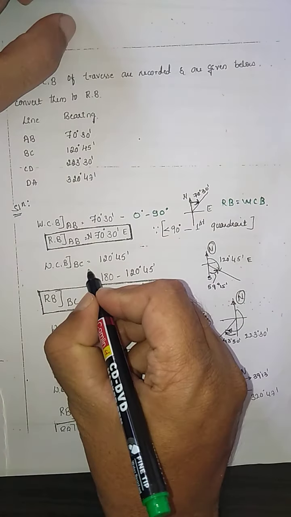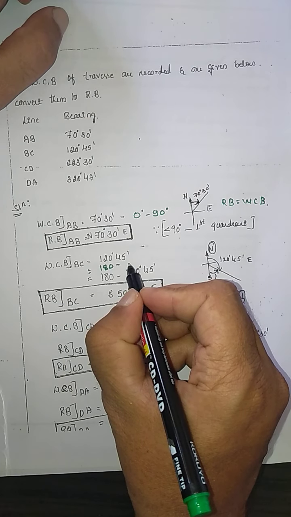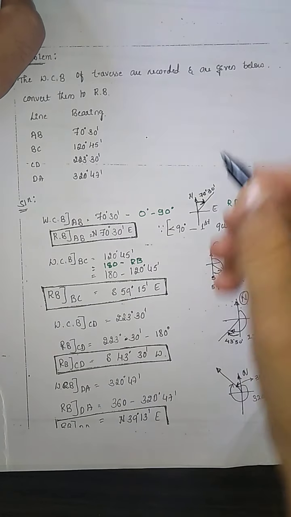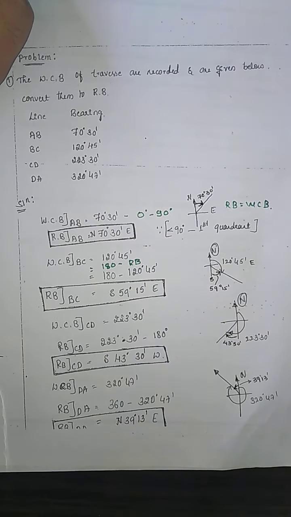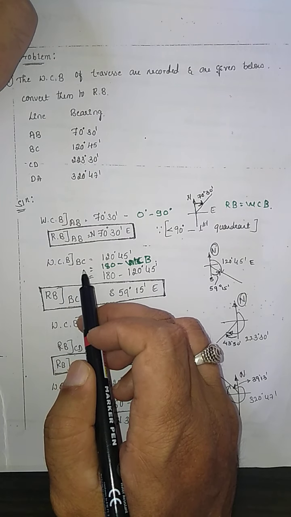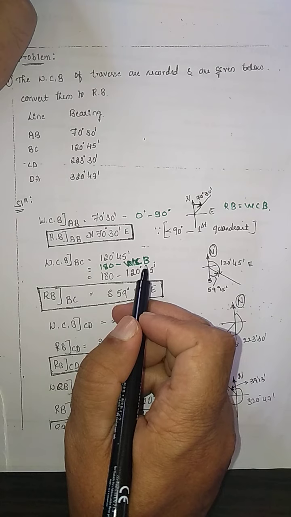For the second, we need to convert the given whole circle bearing into the reduced bearing system.